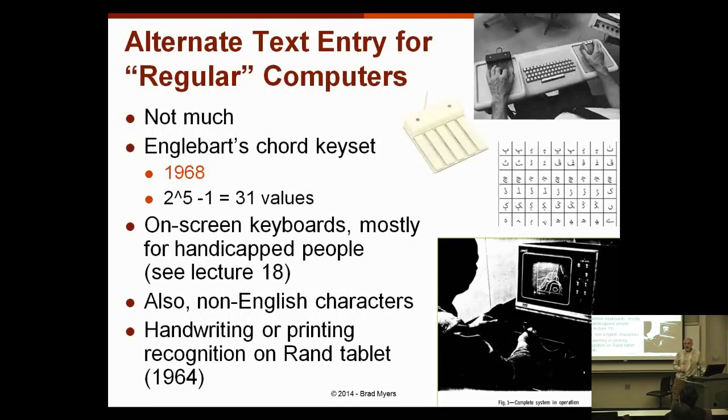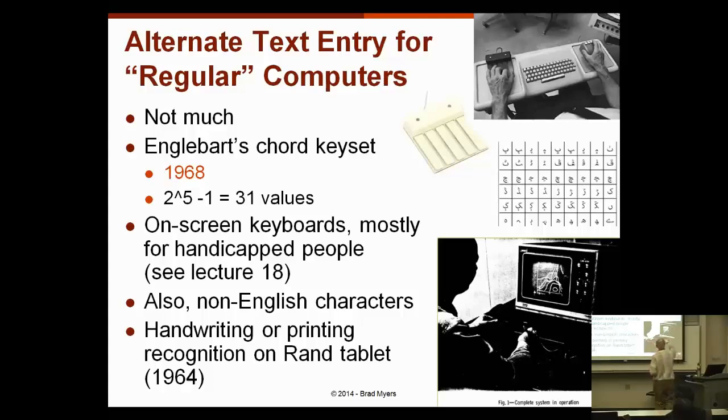So what about other techniques for text entry for regular computers? The only thing that's really significant is this Engelbart key set that we've talked about a bunch of times, which has 5 keys, so that's only 2 to the 5th values, but you can't use all of them because that would be silly. So there's 31 possibilities, which isn't enough for all the numbers and letters, so they just use it for the letters.